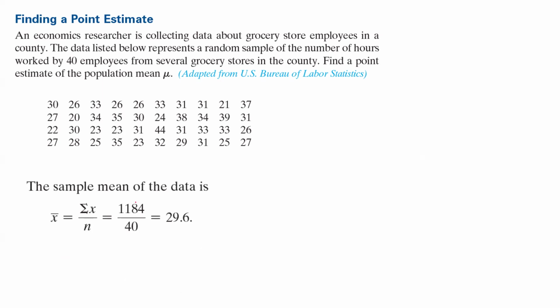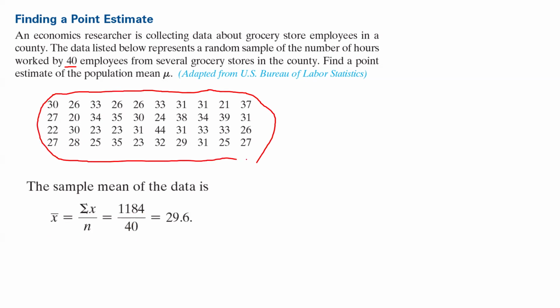So you're going to add all of these numbers together and divide by 40, since we have 40 employees' hours. X bar, or the average for this data set, is equal to 29.6 hours.